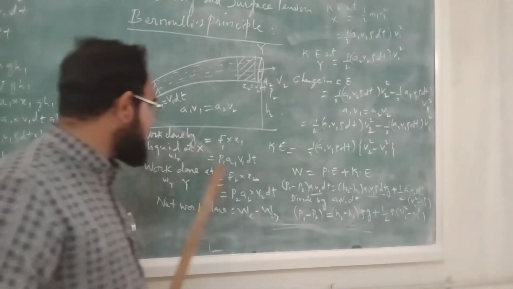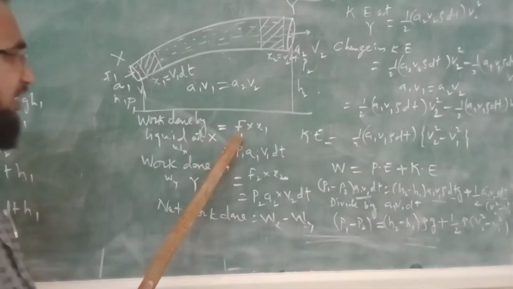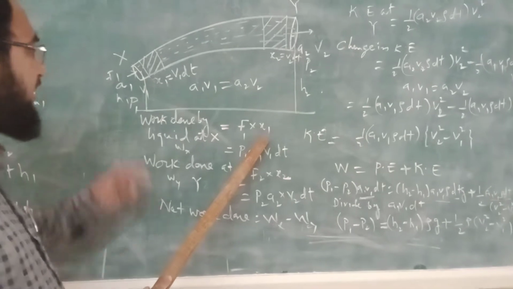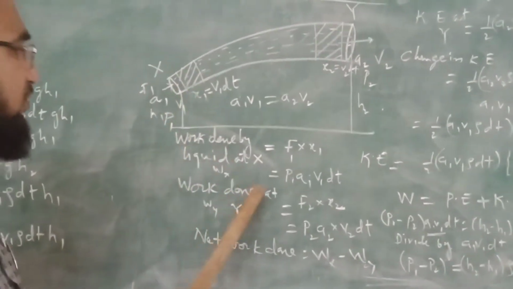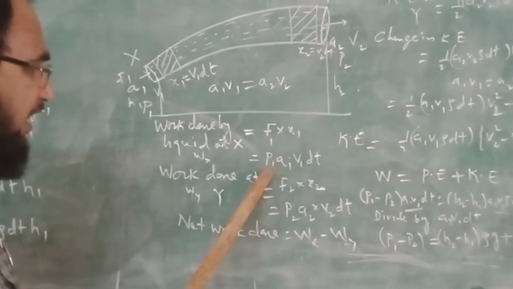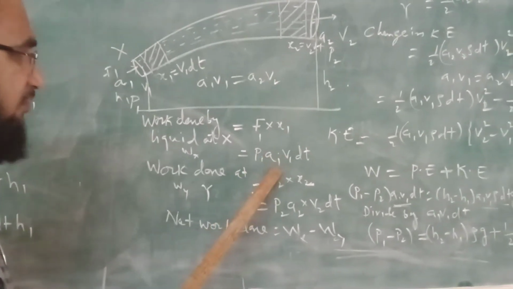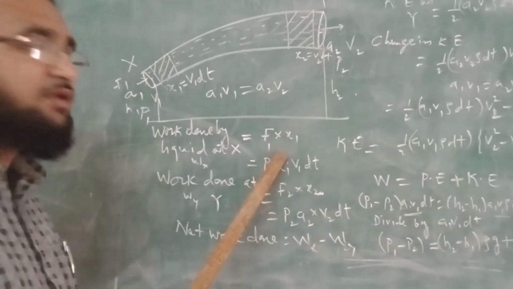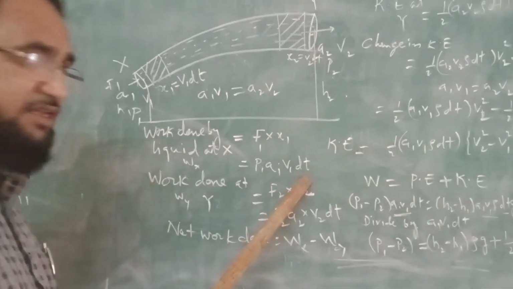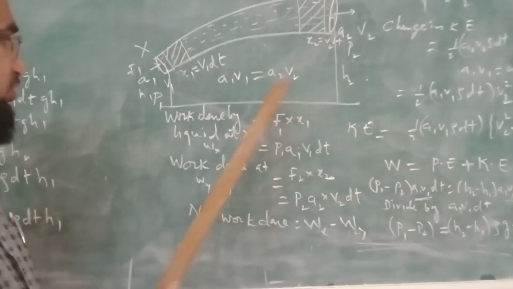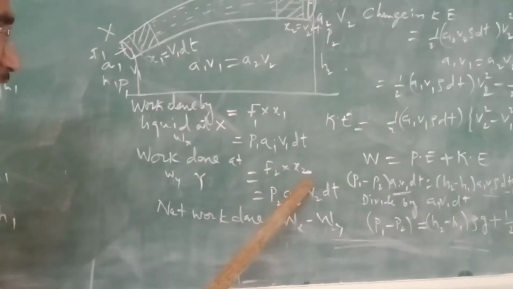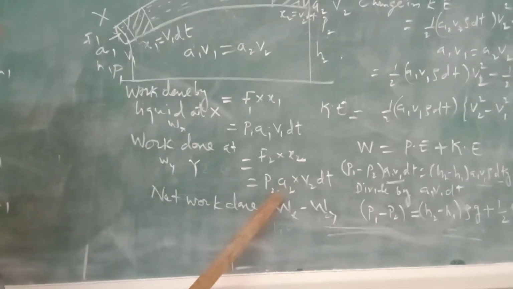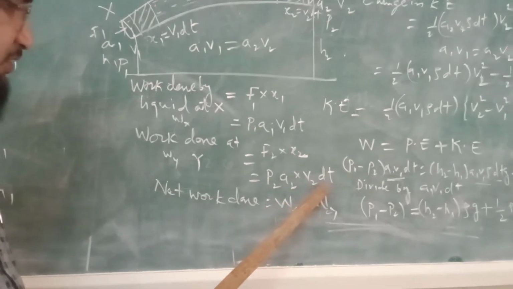So to calculate the work done, I will write the formula force into displacement at section A at point X. So here force can be replaced by pressure into area, P1A1, and the distance can be replaced by V1 dt, velocity into time. So the work done at point Y will be F2 into X2 and it can be written as P2 A2 V2 into dt.